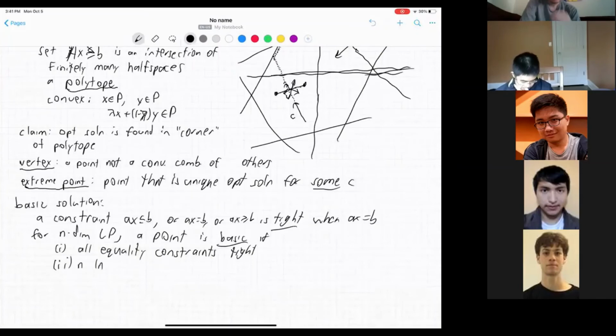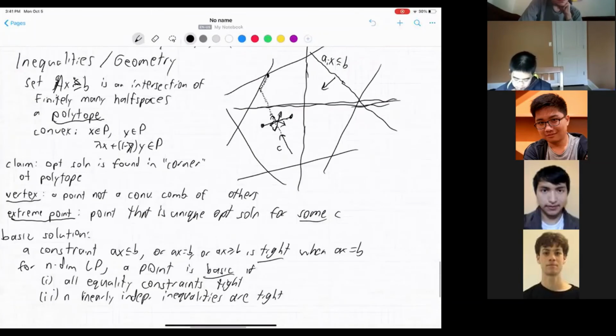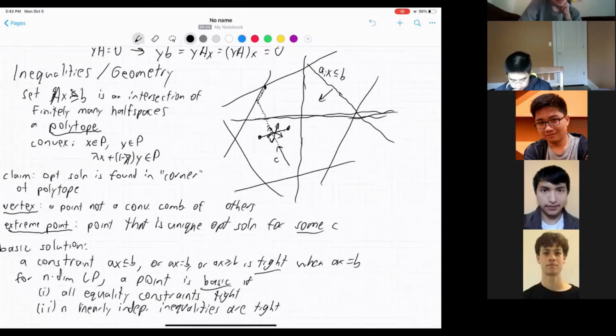And second, n linearly independent inequality constraints are tight. Okay. So again, looking at my polytope over here, this point that serves as the optimum is the intersection of two linearly independent constraints. And this point, which we think could be an optimum for this objective function, is in fact the intersection of these two linearly independent constraints.